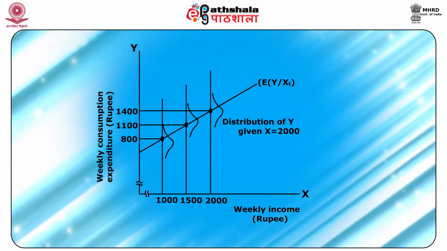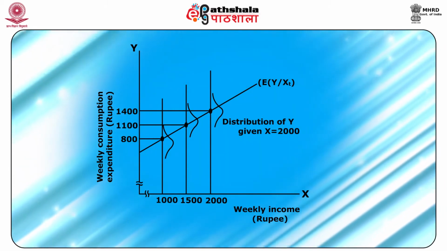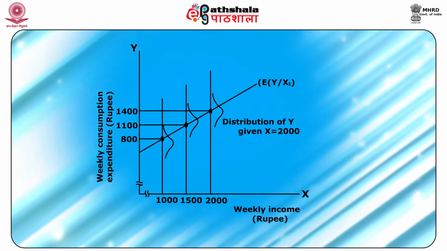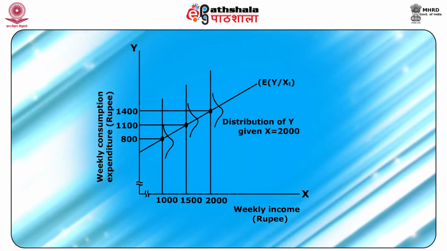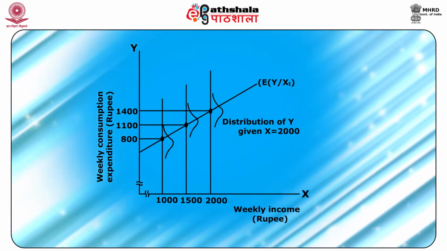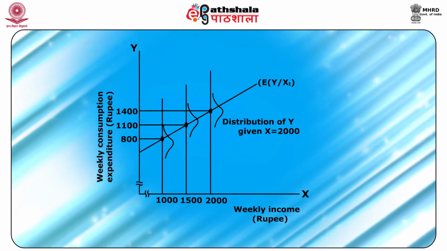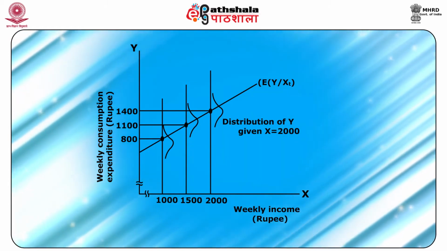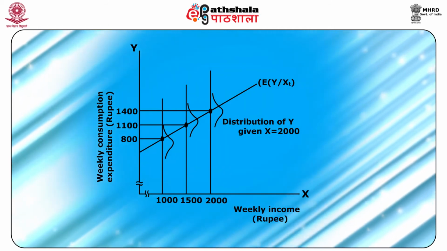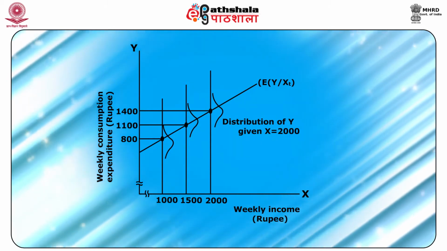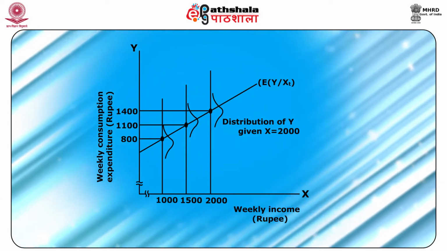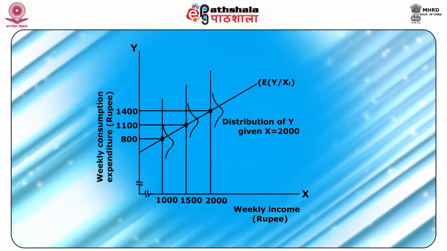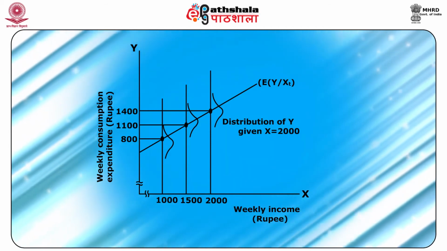This can be seen in figure 1, which is before you, where you can see how for each level of weekly income, which is 1000, 1500, 2000, etc., we have the mean weekly consumption expenditure denoted by 800, 1100 and 1400, and we also have the distribution of these consumptions given a particular level of income denoted by these curves. So, this is what the diagram is trying to show you.